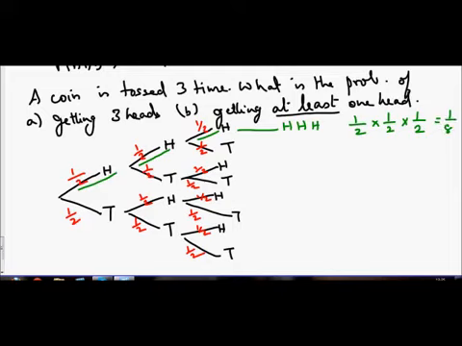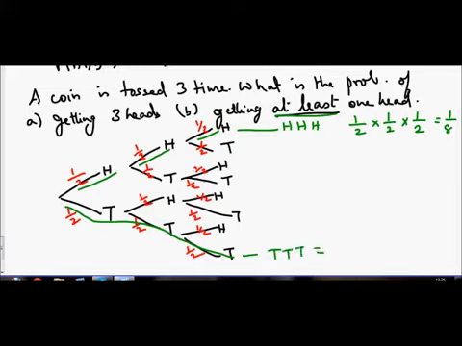Getting at least 1 head, which means you can see that it's underlined, at least is 1 head, 2 head, or 3 head. Okay, except getting all the 3 tails. Which means that you need to avoid this particular path except this, right? So except this, you need to get all the other combinations. Okay, so what is the probability of this?